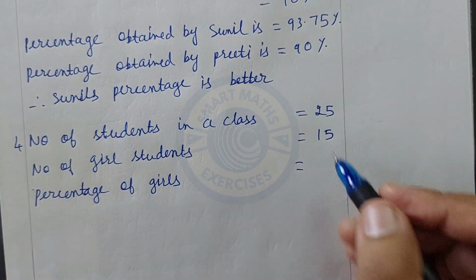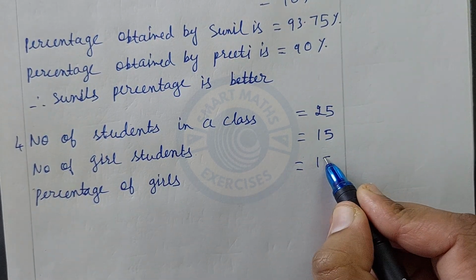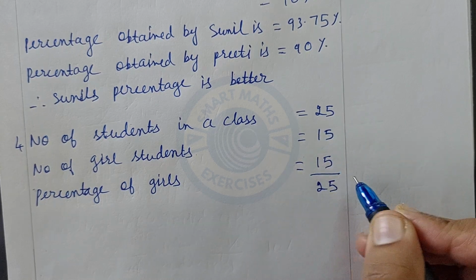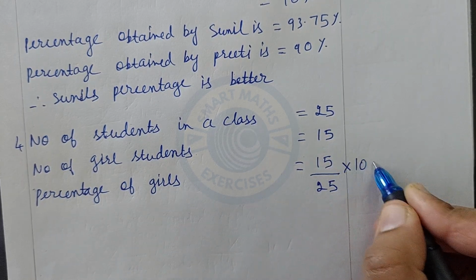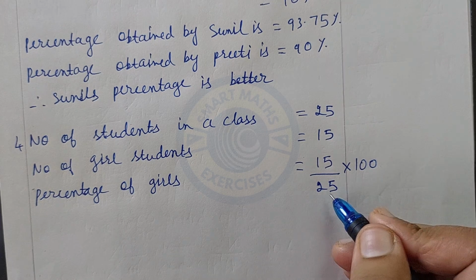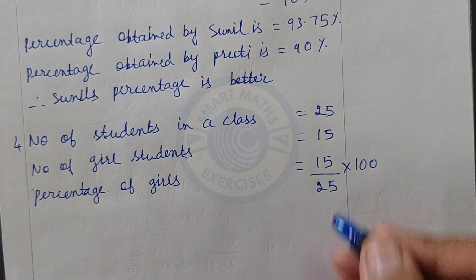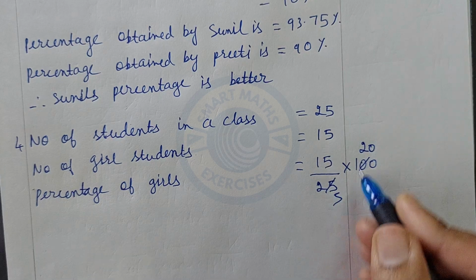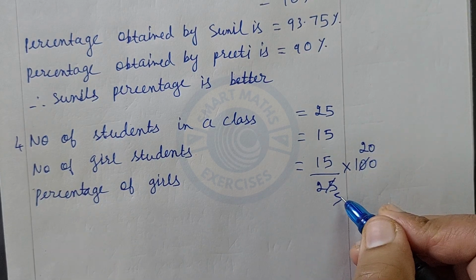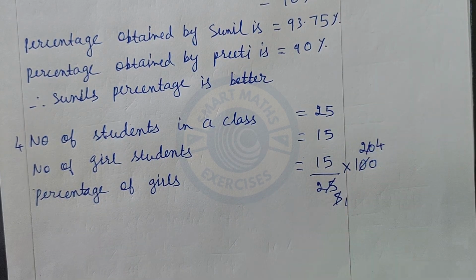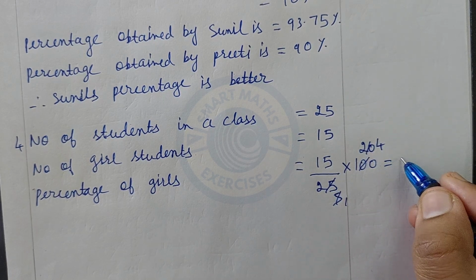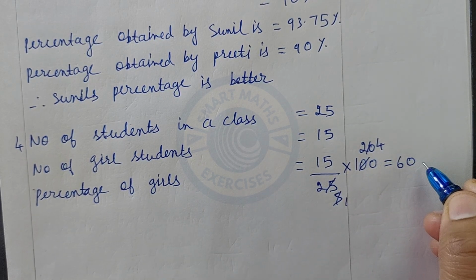Equals to given number 15 by total number into 100. Simplify this. 25 and 100 both go in 5 table. 5 5s are 25. 5 20s are 100. Again 5 and 20 go in 5 table. 5 1s are 5. 5 4s are 20. Multiply 15 4s are 60. So 60%.